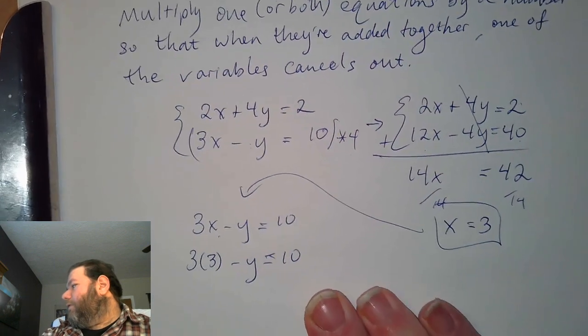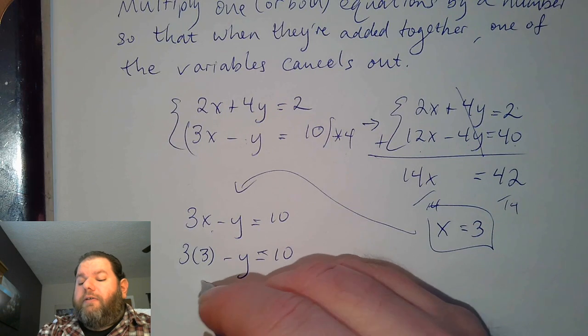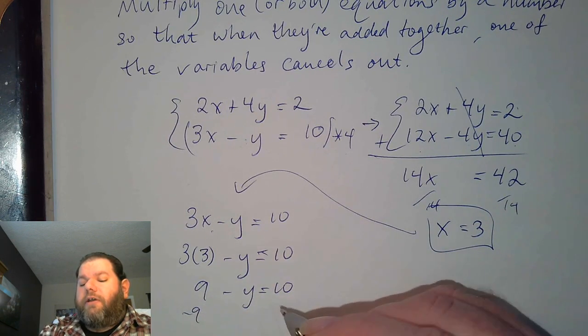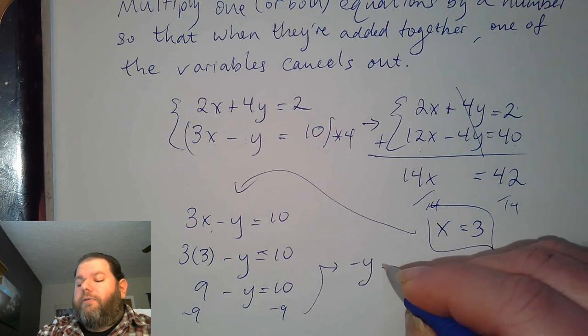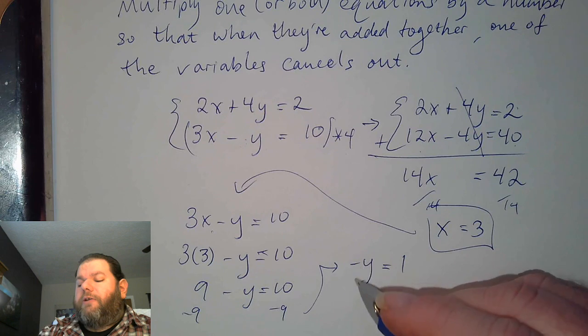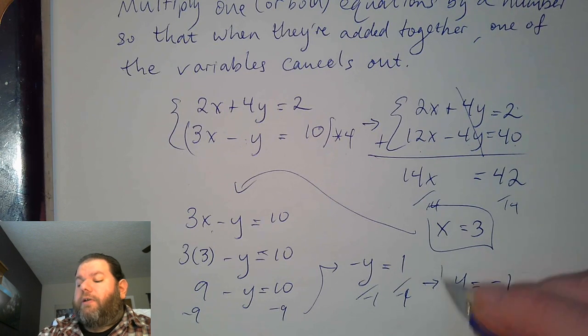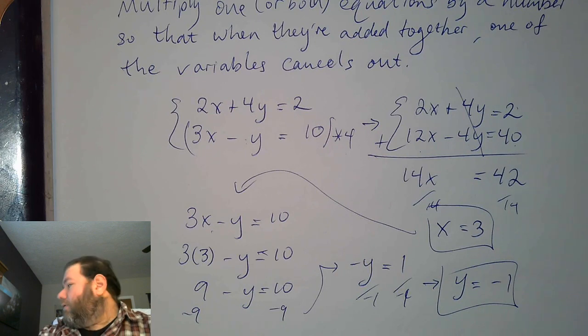So 9 minus y is equal to 10, so we subtract the 9 over. So negative y equals 1, and then we divide by negative 1, and that gives us y equals negative 1. Same answers as we got before, 3 for x, negative 1 for y.